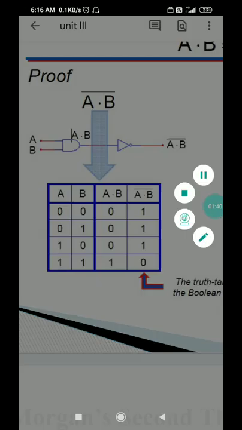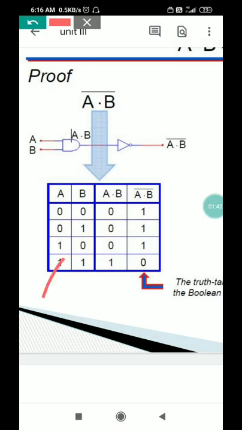In the first column we have input A, in the second column input B, in the third column the output of an AND gate, a dot b, and this is the inversion of the output of this column. So this is your NAND gate and this is your AND gate.